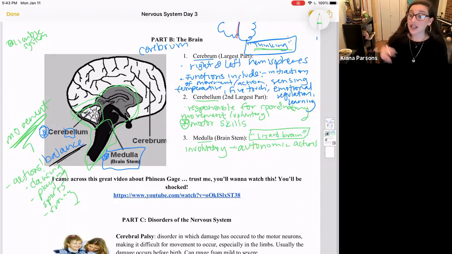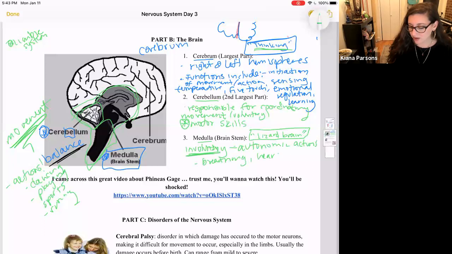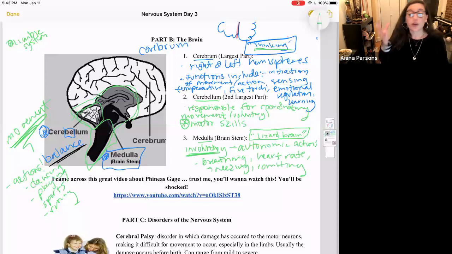Typically, especially in living environment, you want to think of the medulla or the brainstem as being the involuntary part of your brain that controls these autonomic actions. Again, breathing, heart rate, sneezing, vomiting, in general, things that you do but don't control.